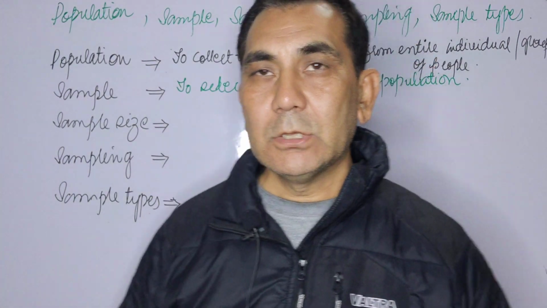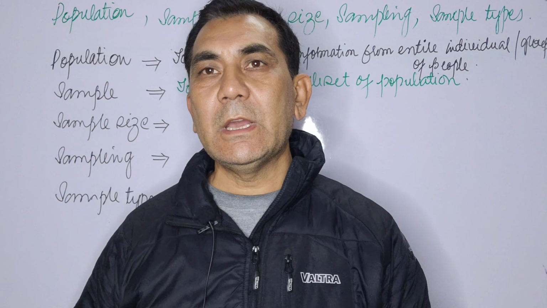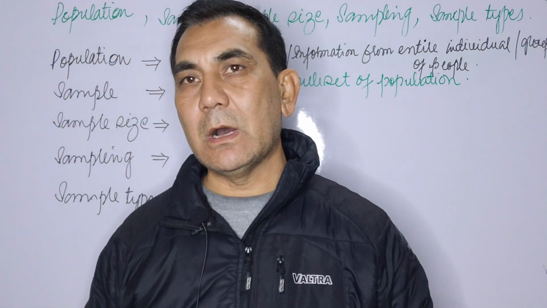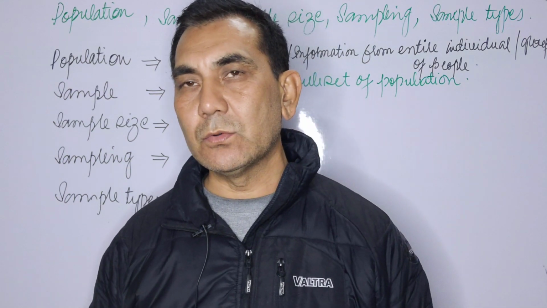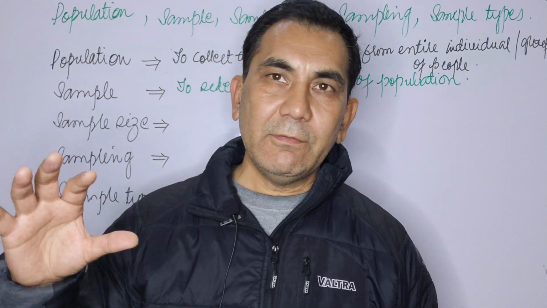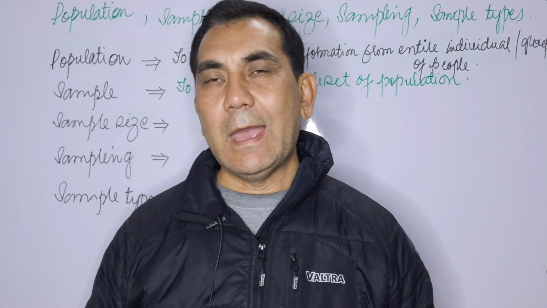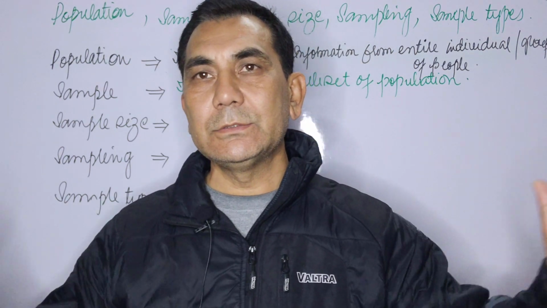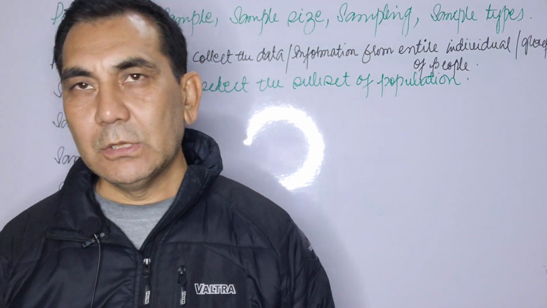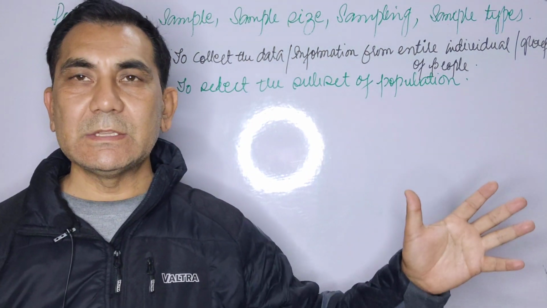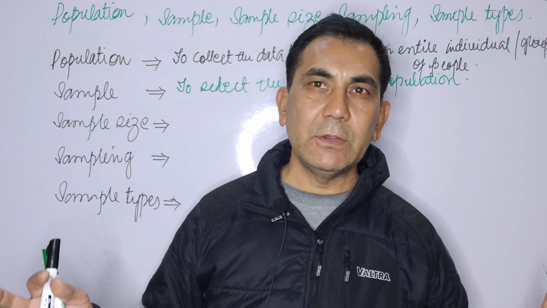Suppose, as you know very well, more than 125,000 nurses are registered in the Pakistan Nursing Council. If a researcher conducts a study and selects the entire data of more than 125,000 nurses registered in the PNC, it is a very difficult job.